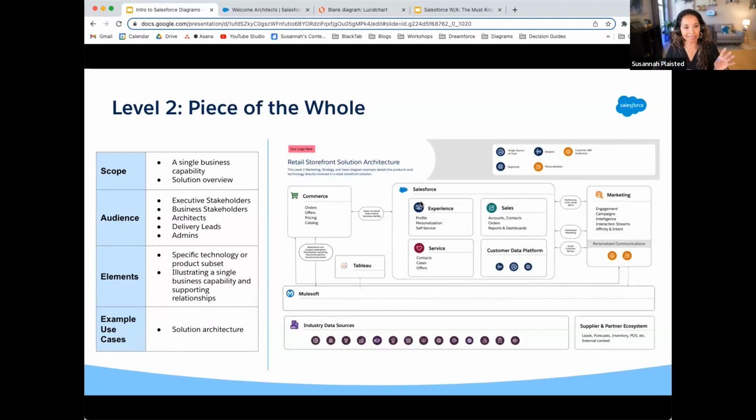Audience is kind of the same, but then we get into some more, there's like architects that are involved, delivery leads that are involved, because this is really where we like start to see some of the platform choices. So you can see like Salesforce in here and MuleSoft in here, whereas we were just talking about the general capabilities in that first level.